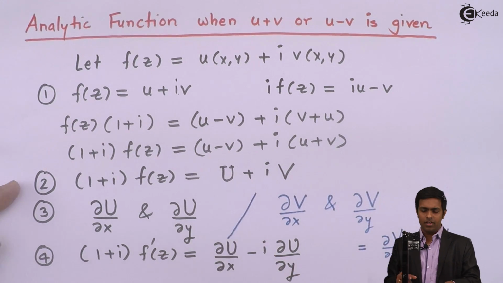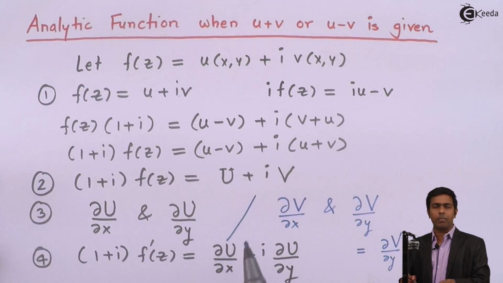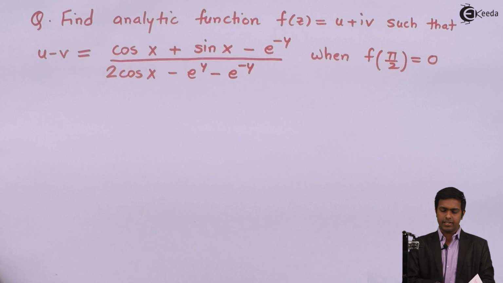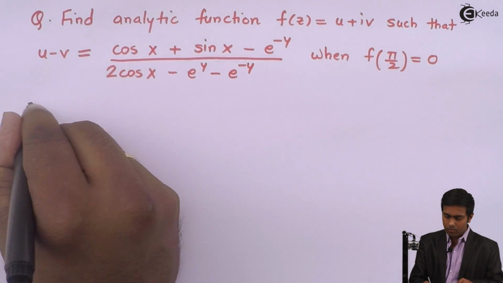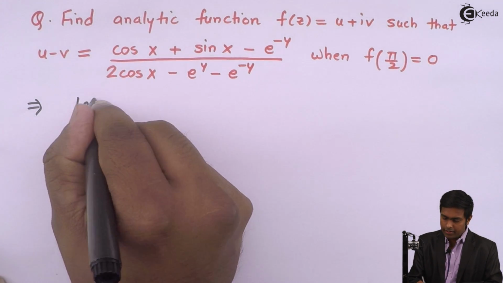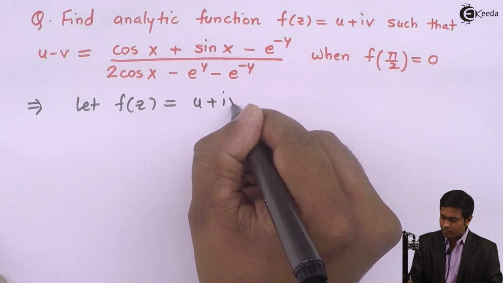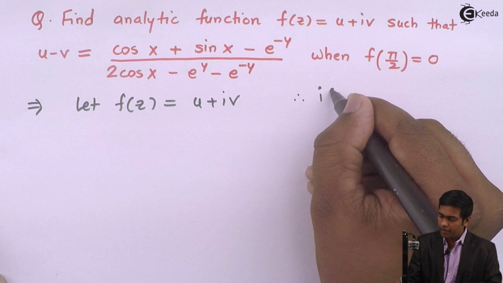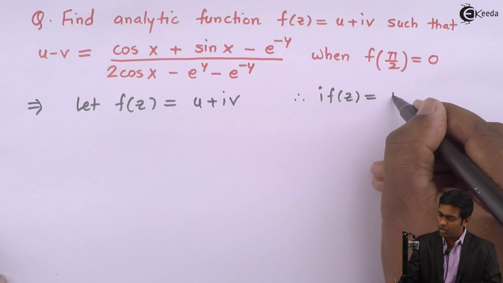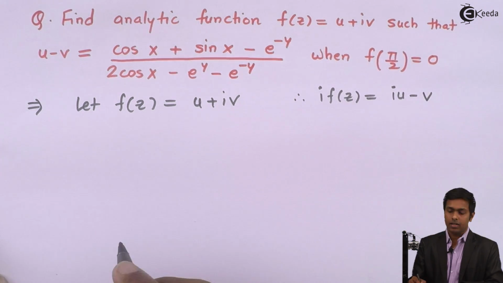So let's start. So we'll write down the step number 1 first. So here I will say, let f(z) is equal to u plus iv, therefore i f(z) is equal to iu minus v.